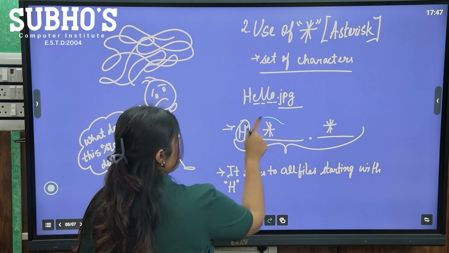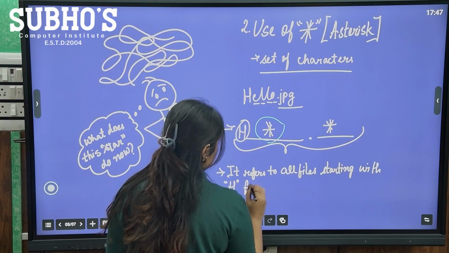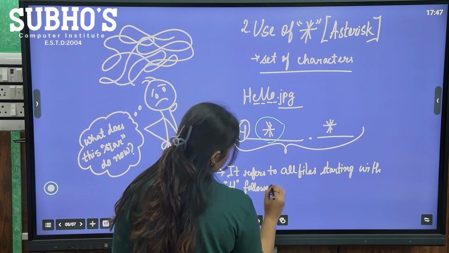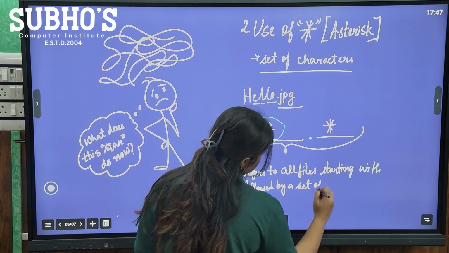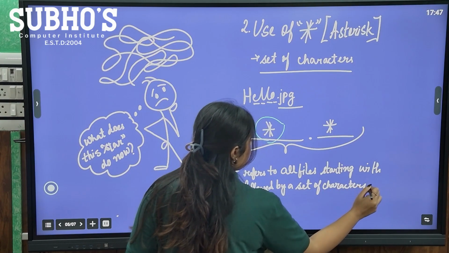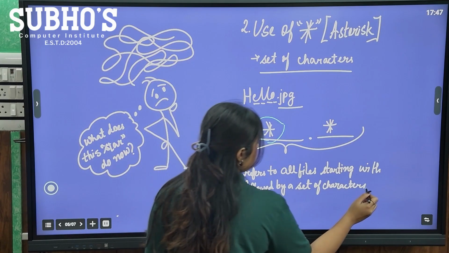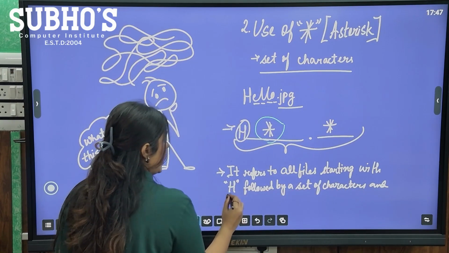Because we have an asterisk right here. And you can also mention having any extension.